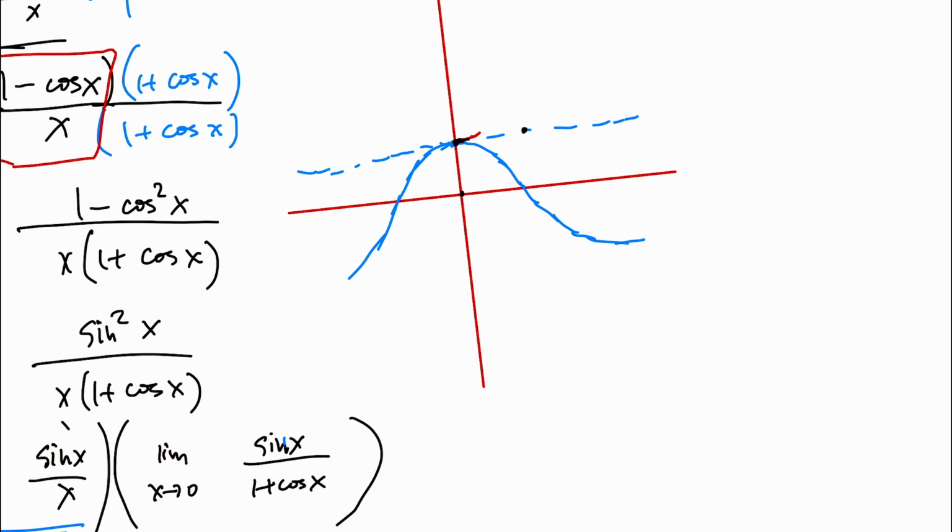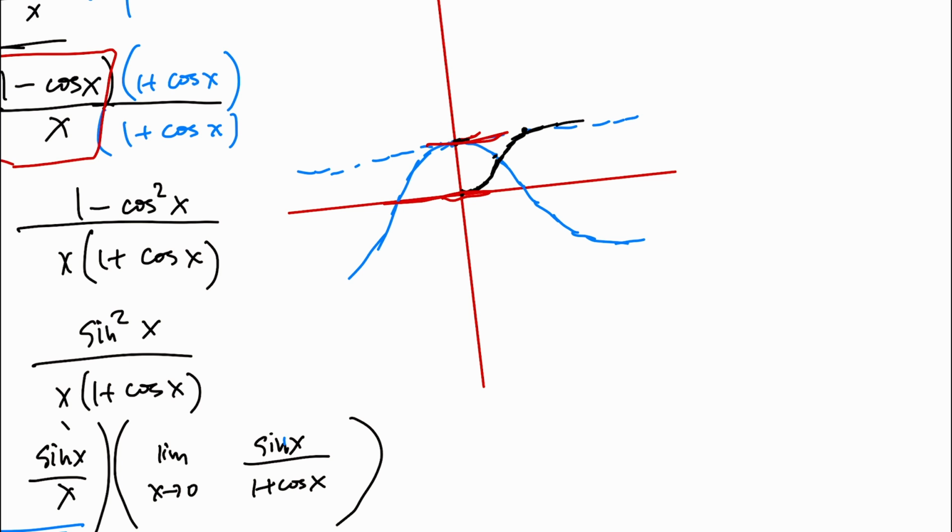So it looks like a reflection, and it's easy to see that this slope is equal to this slope. We've basically proved that the derivative of cosine of x when x is equal to 0 is 0.